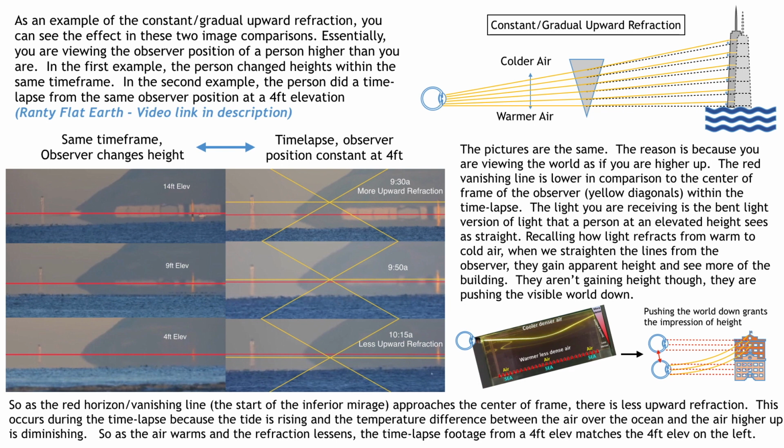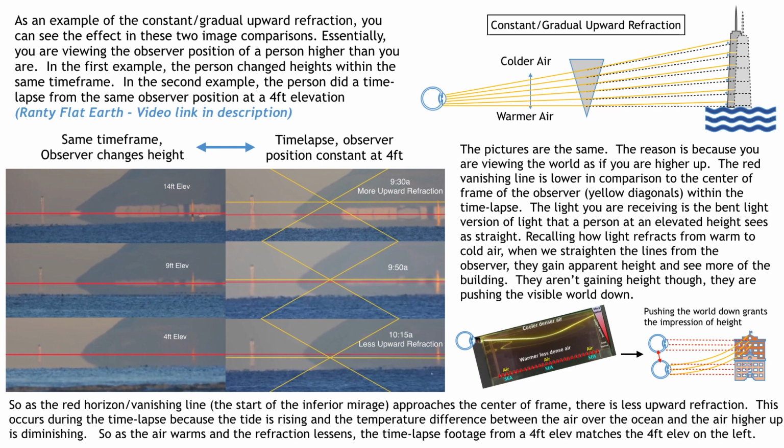And then in the second example on the right, they take a time lapse from the same observer position at a 4-foot elevation. So you can see at 9:30 a.m. there's more upward refraction, and then at 9:50 a.m. a little bit less, and then at 10:15 a little bit less. The reason I say that is because the red line, which represents the inversion point of that inferior mirage, is much lower than the horizontal yellow line in that 9:30 a.m. photo, and then it gets a little bit higher and a little bit higher.